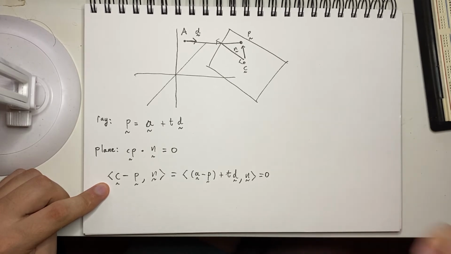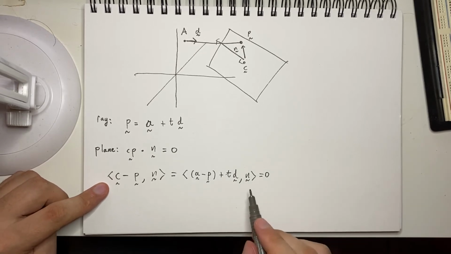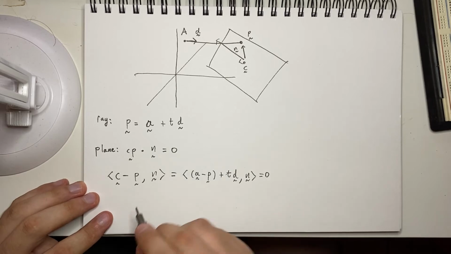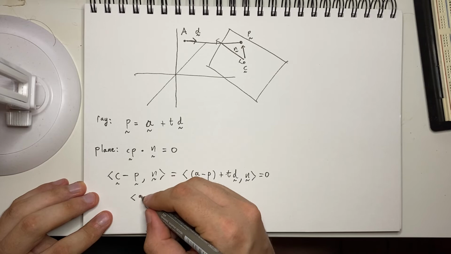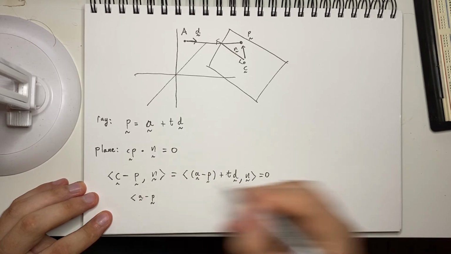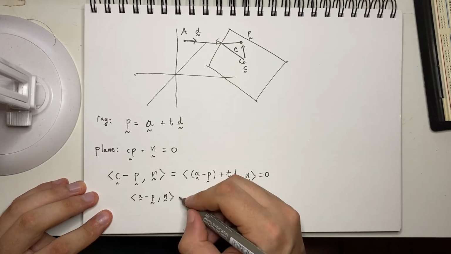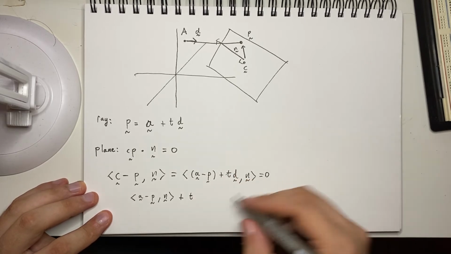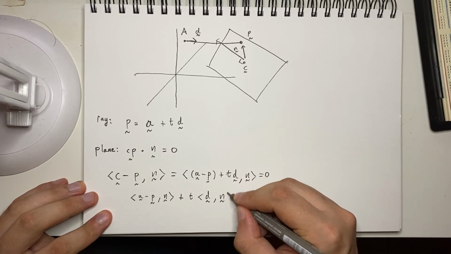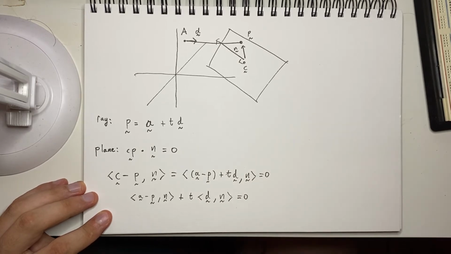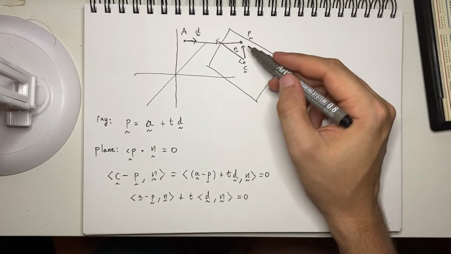And now let's use the dot product properties to split this up. So we have two things. And remember, our goal is to solve for t to find the length along the ray at which it hits the plane.